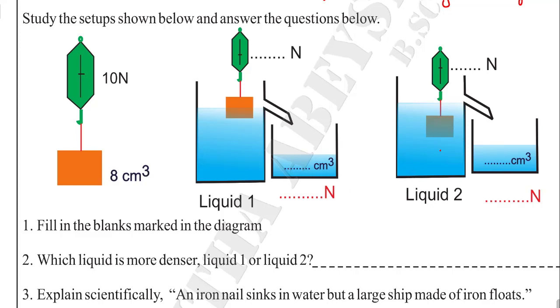It is completely immersed. Then in that case, the volume of this displaced liquid equals the volume of the object. Volume of the object is 8 cubic centimeter. We can write the 8 cubic centimeters here, right? 8 here.